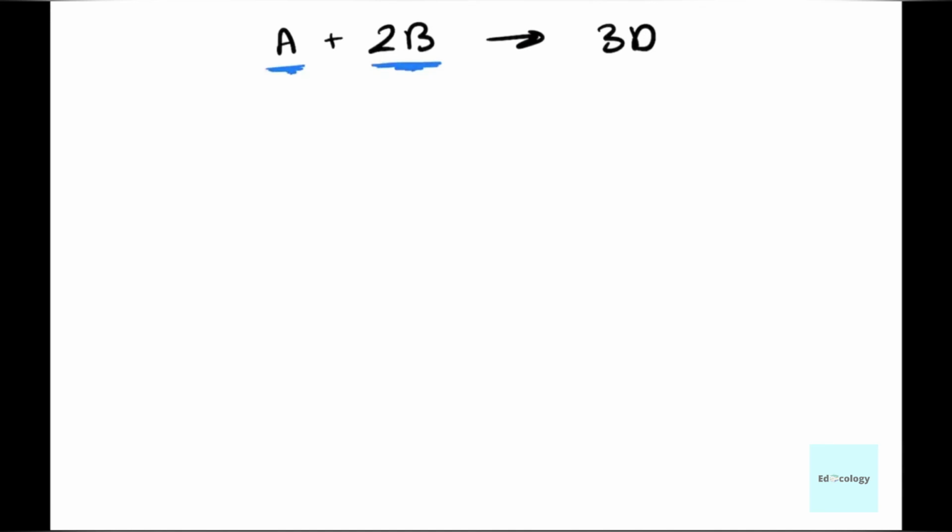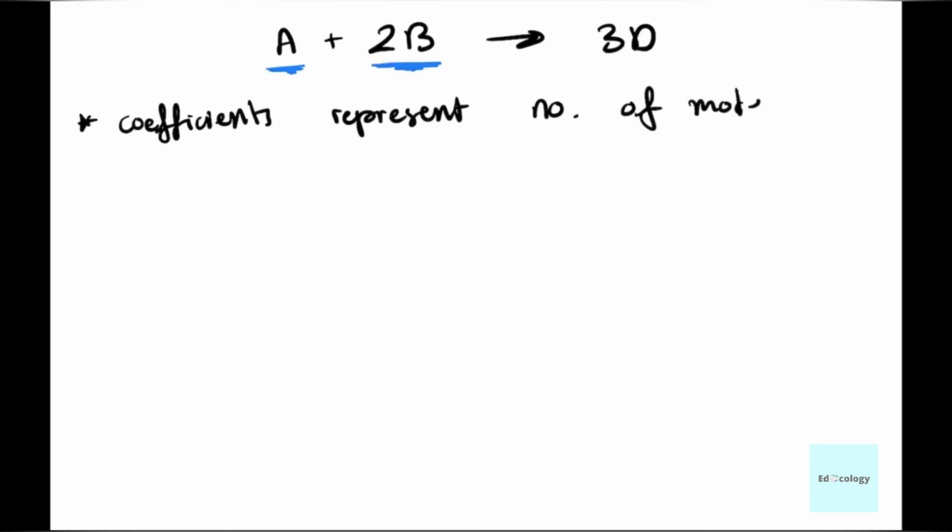If I told you that the coefficients represent the number of moles, how would you compare the rate of disappearance of A to the rate of disappearance of 2B?